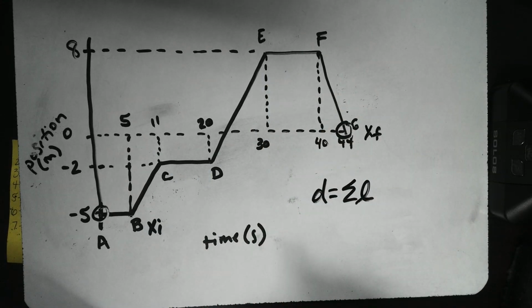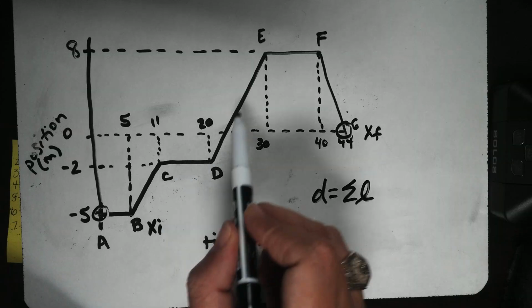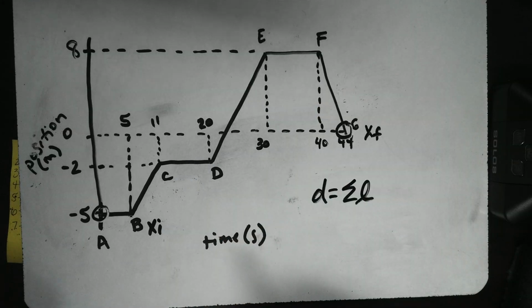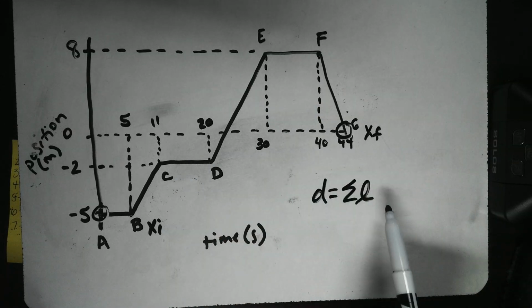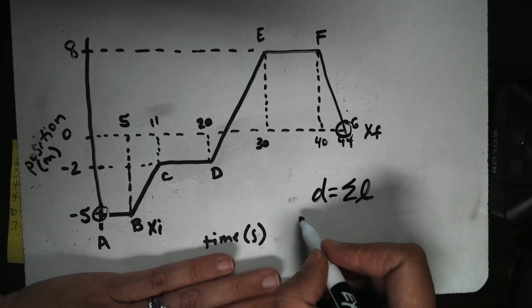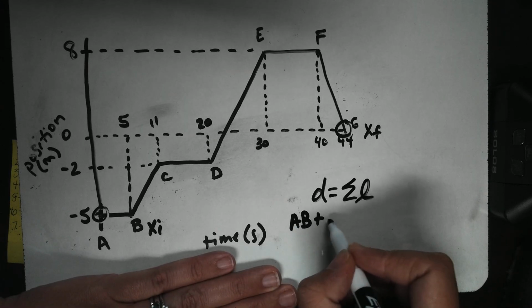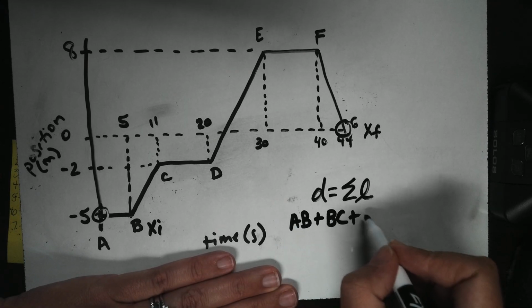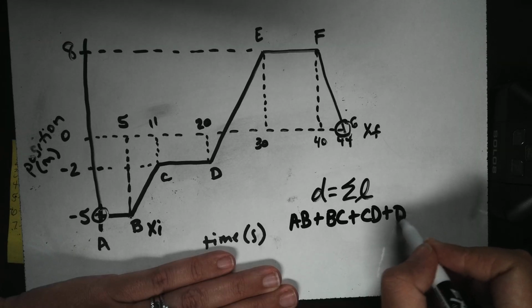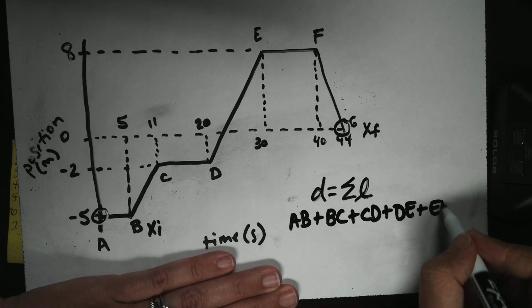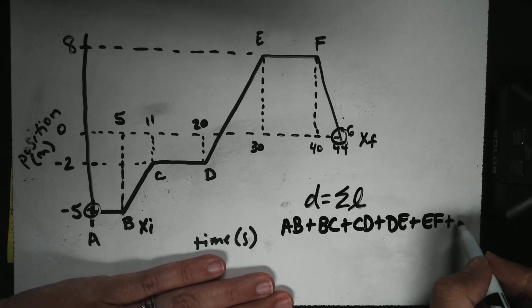Is it 7 legs or 7 points? 1, 2, 3, 4, 5, 6. Sorry, 6 legs. So we're going to sum up AB plus BC plus CD plus DE plus EF plus FG.